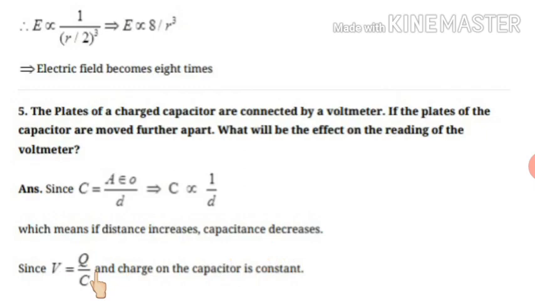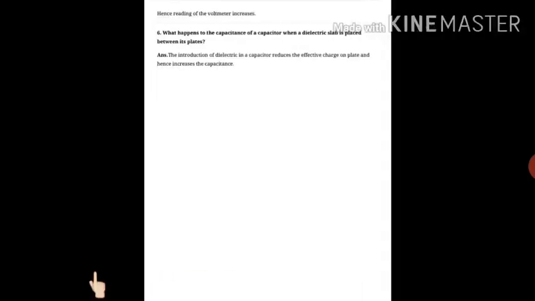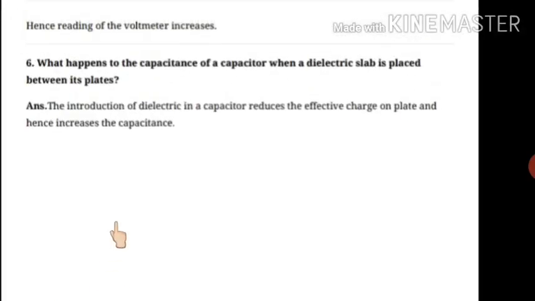This is how we have connected things. That's why we can say that the reading of the voltmeter increases. So as you increase the distance between the plates of a capacitor, capacitance will decrease, but at the same time the reading of the voltmeter will increase, because C and V are inversely proportional to each other. So I hope this question is also clear.